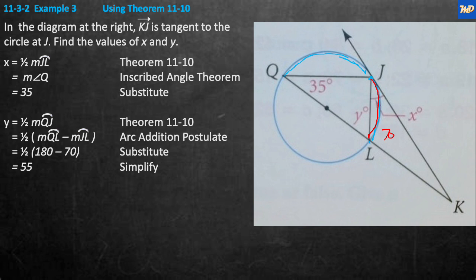This is a radius, it goes right through the center of the circle, right? So this is striking off a semicircle, 180 degrees. So we can take 180 degrees and subtract the 70 that we know about, which is the 70 right here. That gives 110, and when we take half of that, it's 55. So Y is 55 degrees.